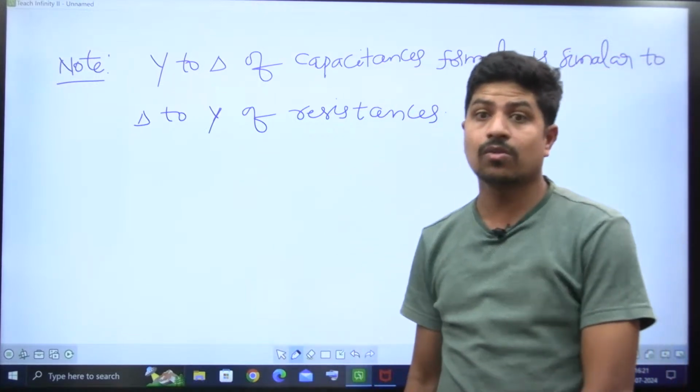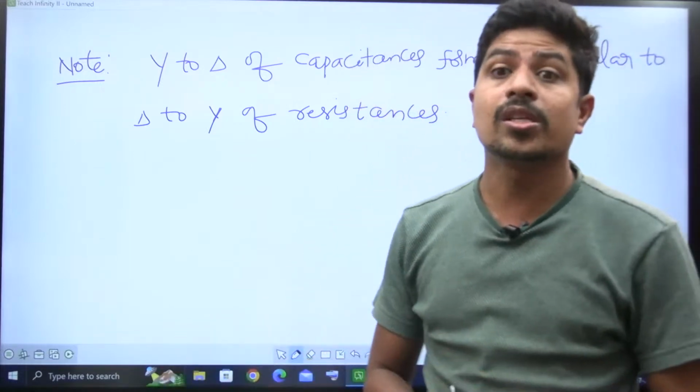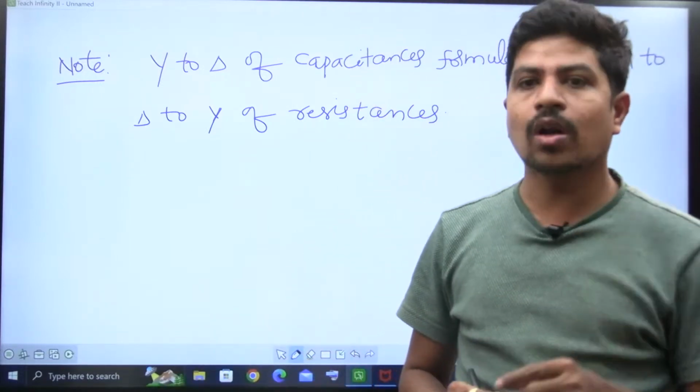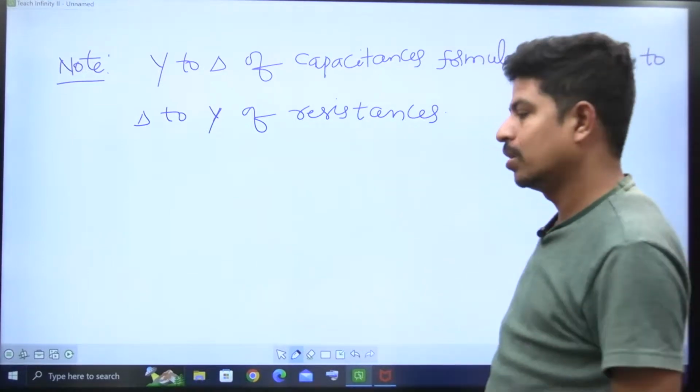So this is about delta to star, star to delta conversion. Definitely one question in the HPCL examination, there is no doubt about it. For sure you are going to get one question in your HPCL examination, right?